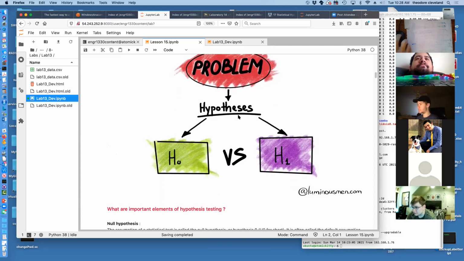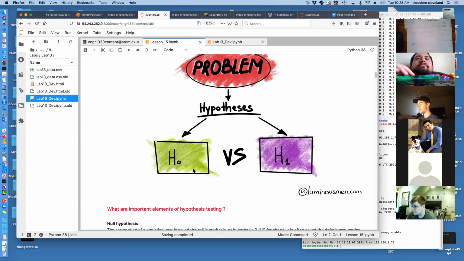So we start with a problem. We make a hypothesis. And in this case, a hypothesis is not quite the same hypothesis as in the scientific method. We make a statement H sub 0 called the null hypothesis, and we make a statement H sub 1 called the alternative hypothesis.